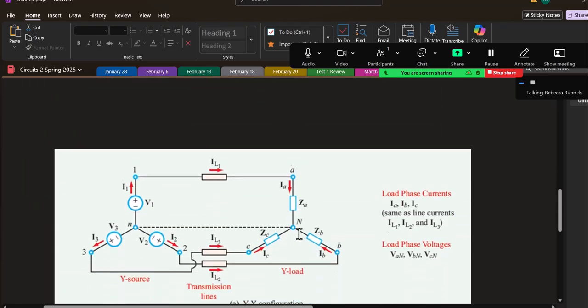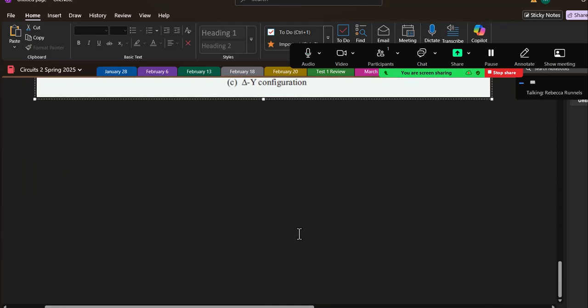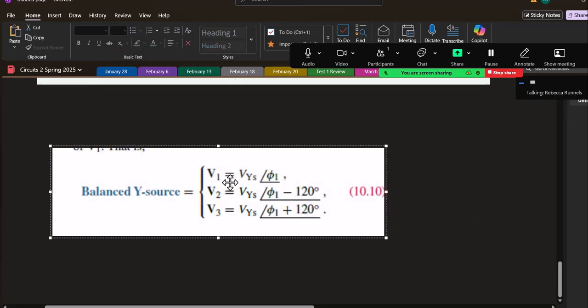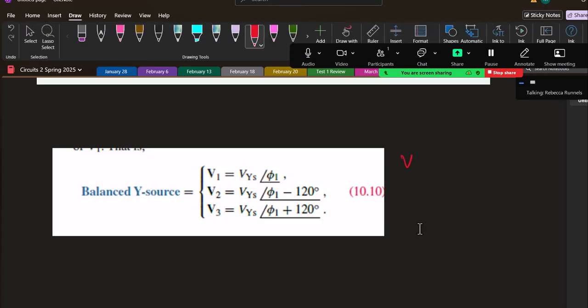And you just have to hope your grader knows. Okay, so let's say I have a Y source. Another way I could say this is V1 is VYS and whatever its phase is, and then V2 is VYS, and subtract 120, and V3 is VYS, and subtract 240. So I'm subtracting 120 each time.